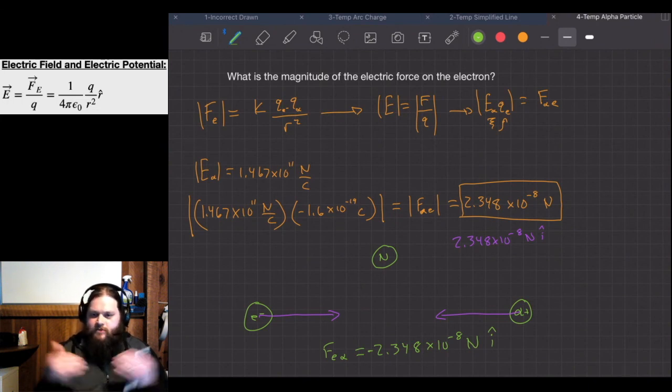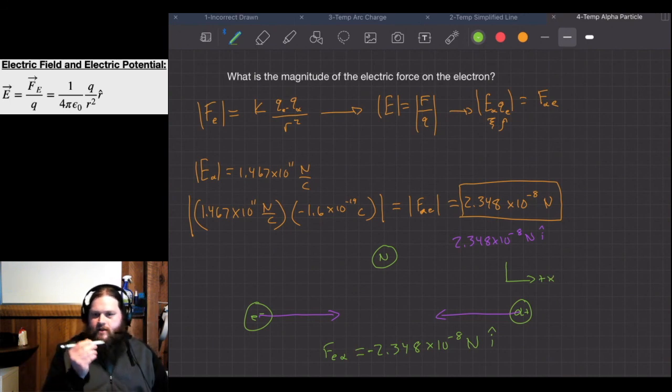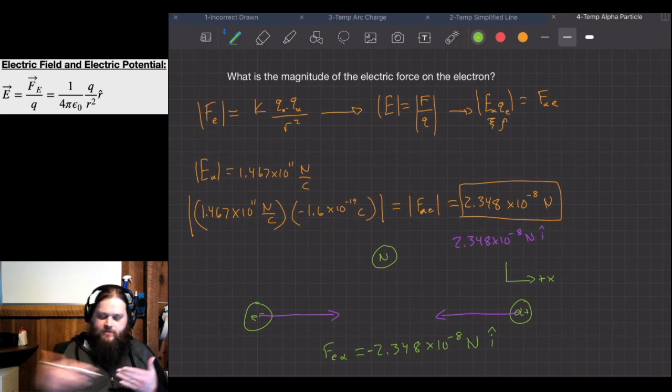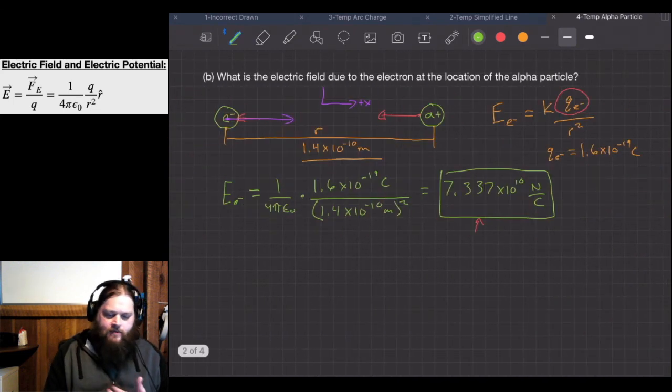Even though it's an attractive force, the alpha particle here is moving, again, if this is my positive x-axis, toward the negative x-axis. And that's what makes it a negative force. Those negatives and positives just imply the direction of that vector. And that is all that I have for today.